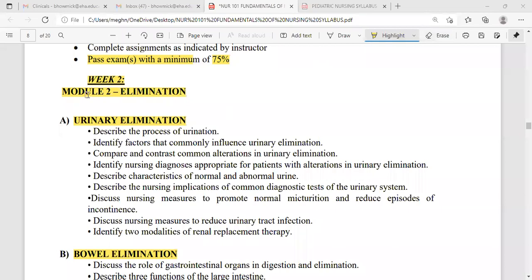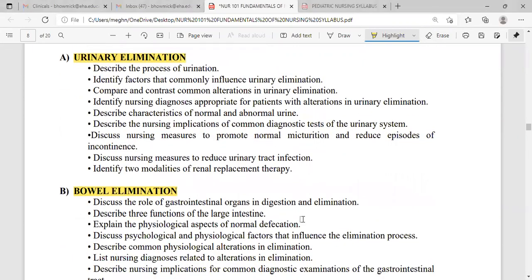So week 2 includes module 2, talking about elimination. Elimination includes basically urinary elimination and bowel elimination. Urinary elimination means the process of urination, identifying factors that commonly influence urinary elimination, and comparing and contrasting abnormal alterations in urinary elimination, like stoppage, increased frequency, excess amount, or scanty.